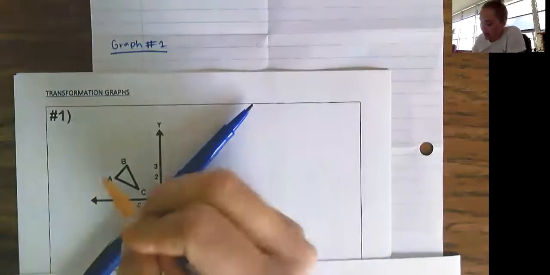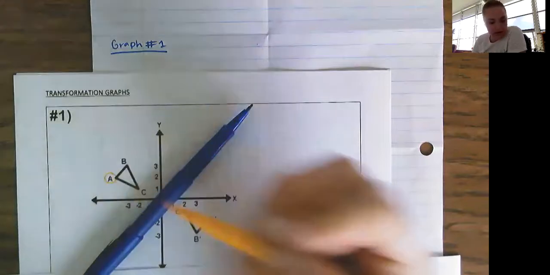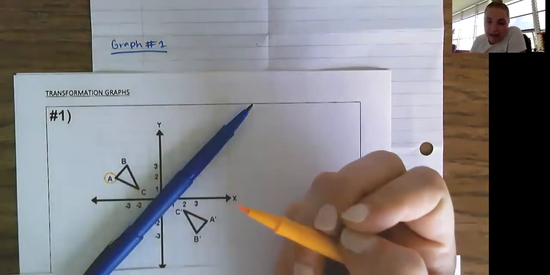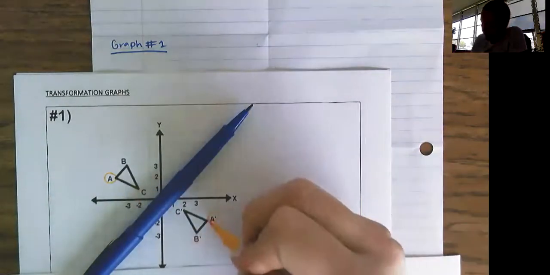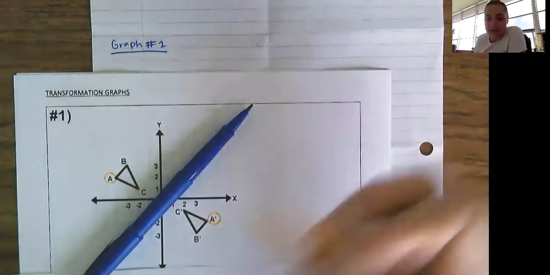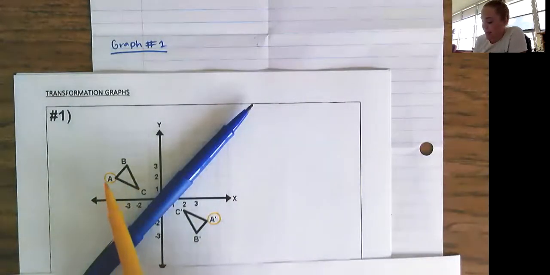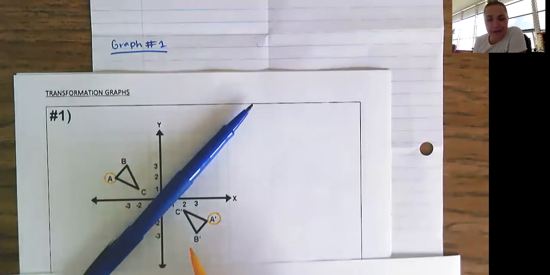Look at where A started. Now, where does A prime end? That's the problem. Because if we were to reflect this, A would not land on A prime. It would land on B prime, which means that this was not a reflection because corresponding parts would not line up. A does not line up to its partner, A prime.